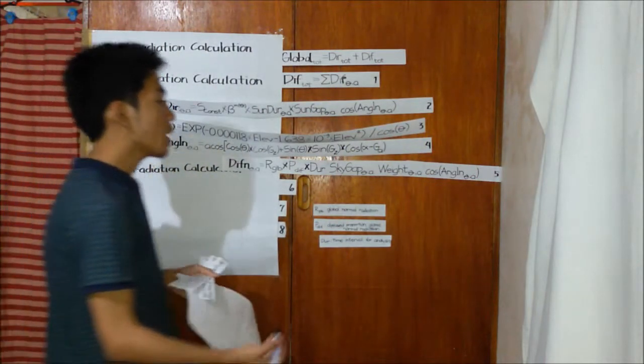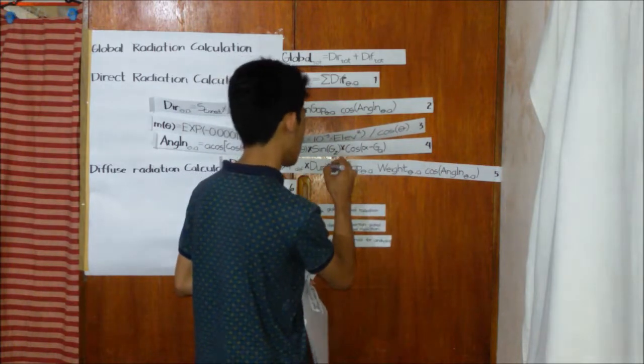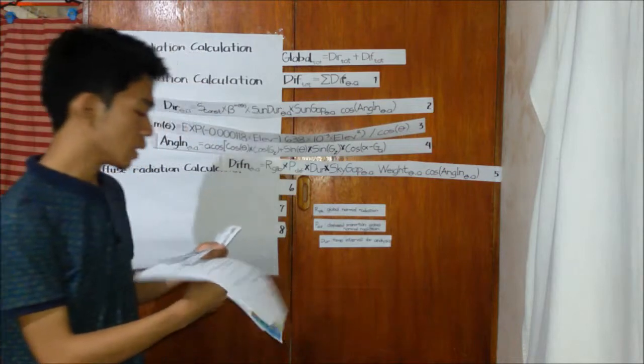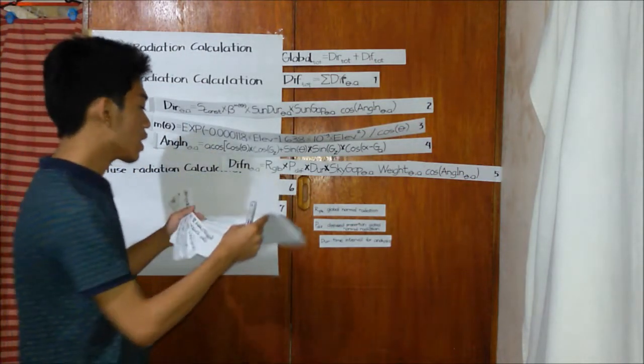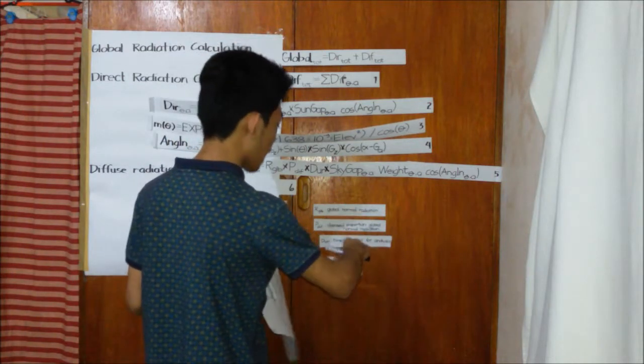And multiplying by the sky gap theta A, meaning the gap fraction, the proportion of visible sky for the sky sector.